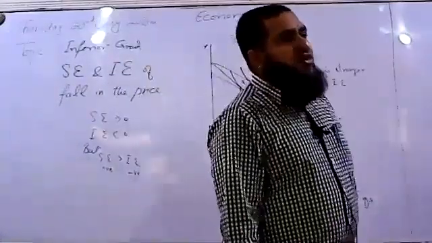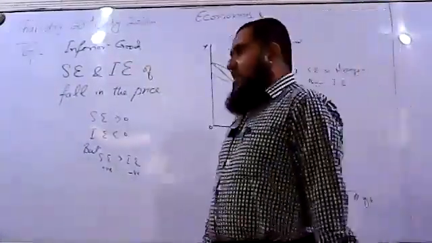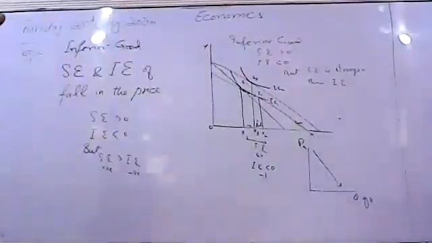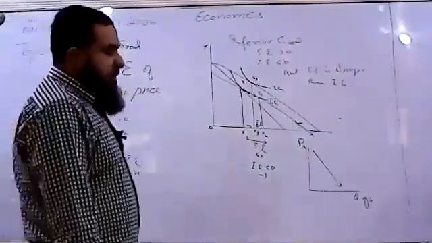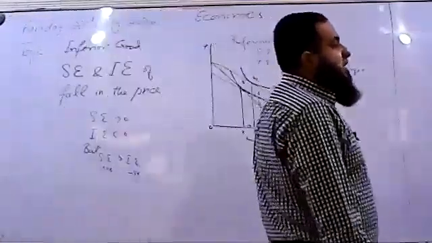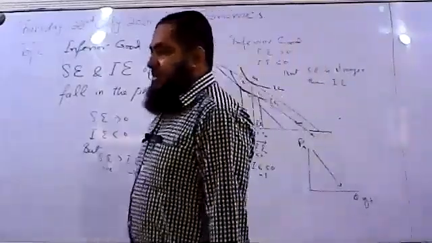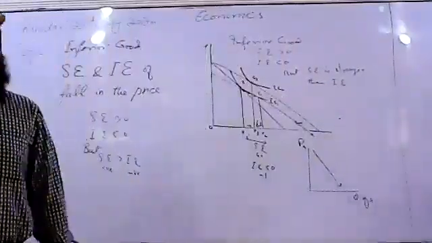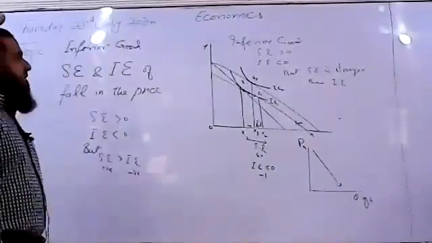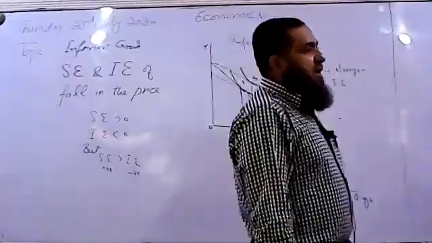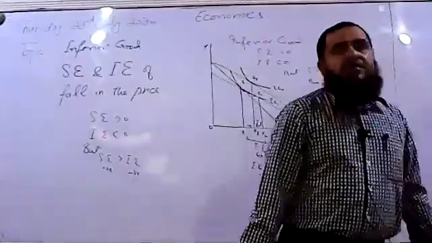Consumers again show us irrational behavior in the market due to massive advertisements by the producers in order to increase the demand for the product, and the producers are actually gaining the benefit of the irrational behavior of the consumers in the market. So consumers are not showing rational behavior in the market when they are buying goods. When prices are falling, they can be buying Giffen goods rather than normal goods.